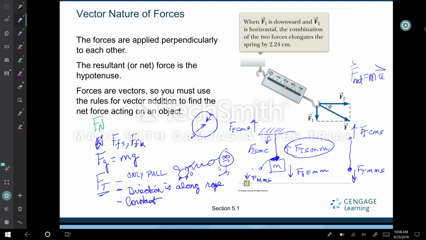But the string's just, pardon the pun, hanging around. So that's why the tension is constant. If it wasn't constant, then one side in a tug-of-war contest would have an automatic advantage over the other side. You want your pull of your team to be equal to the pull that the other team experiences. It'd be nice if it was bigger, but we can't make that happen. Everybody good with tension?